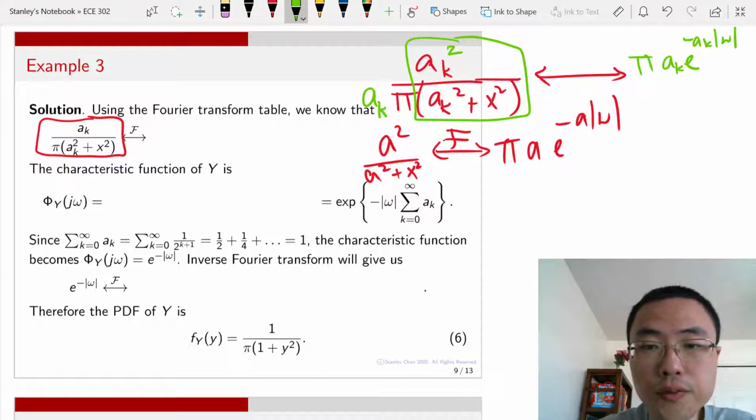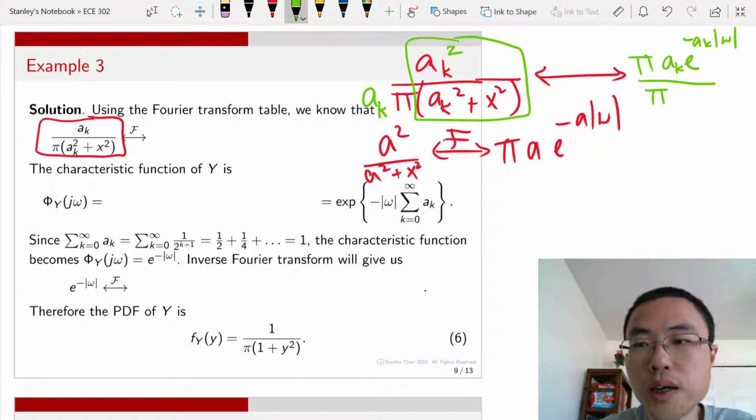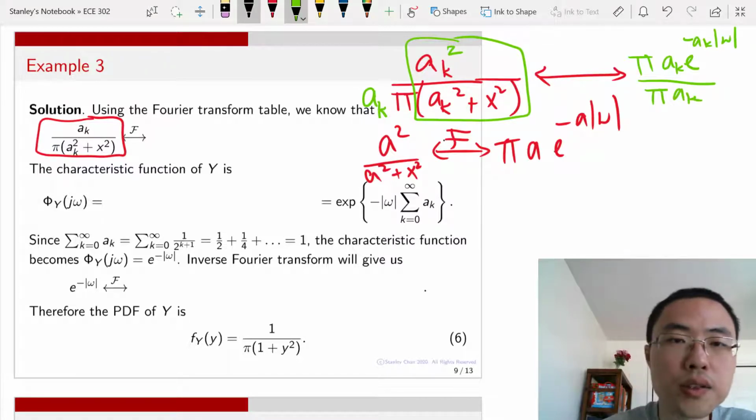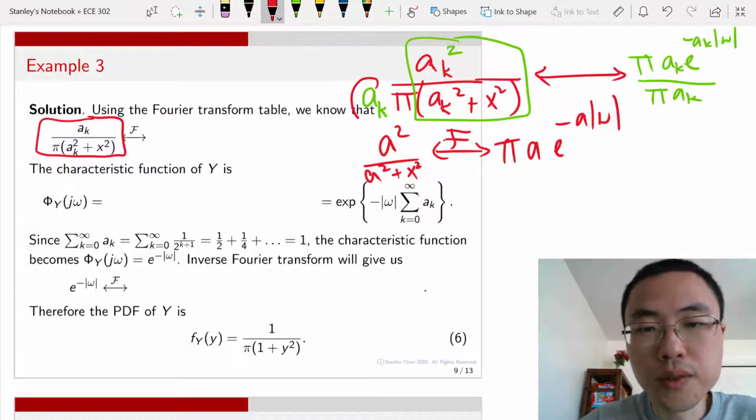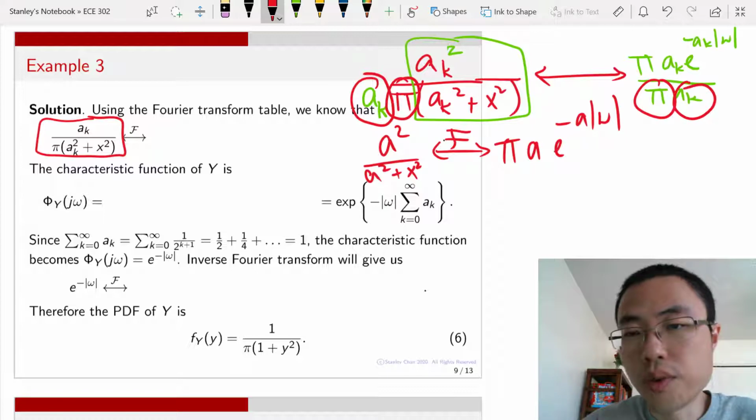And I should not forget this expression, which is that I also want to divide by this pi ak. Now this divide by pi ak comes from here. You have this ak and then there's a pi that will correspond to these two numbers.